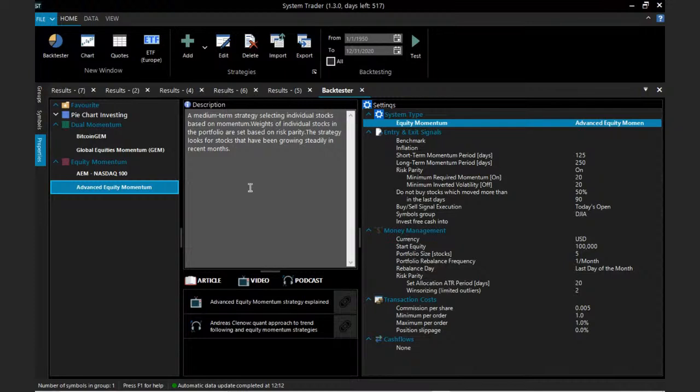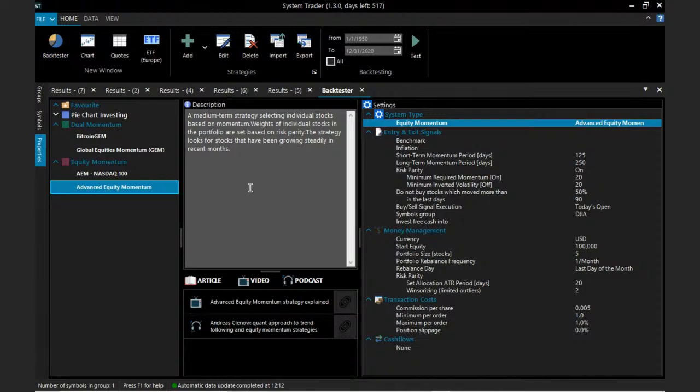And basically, this is also a strategy based on momentum, but it's selecting individual stocks based on momentum. So it weights individual stocks. It measures the momentum of each stock.